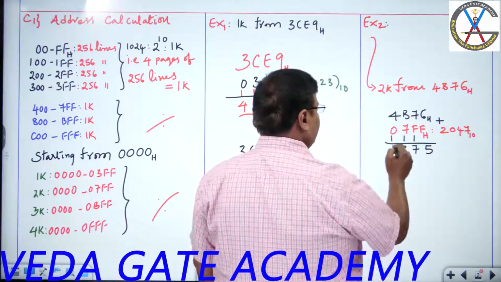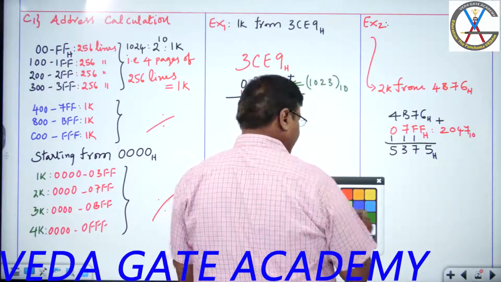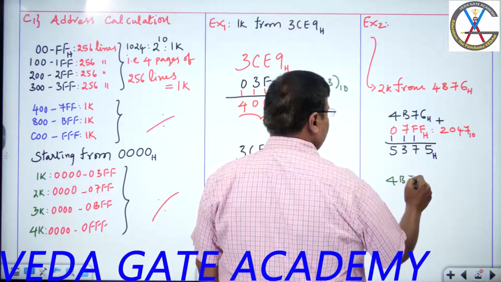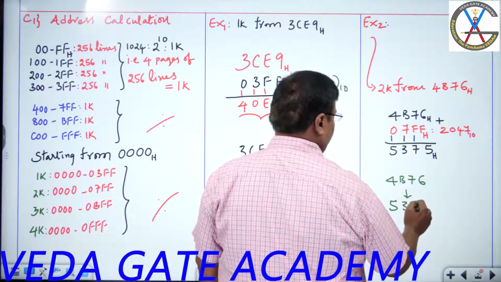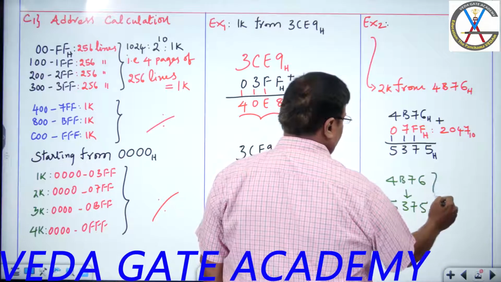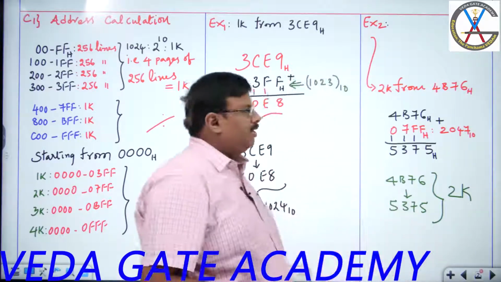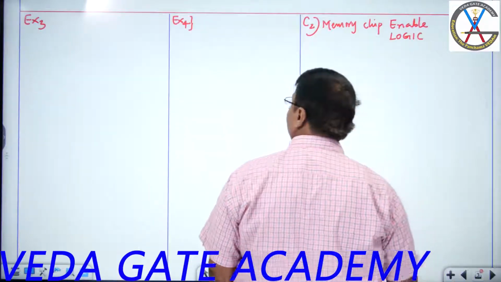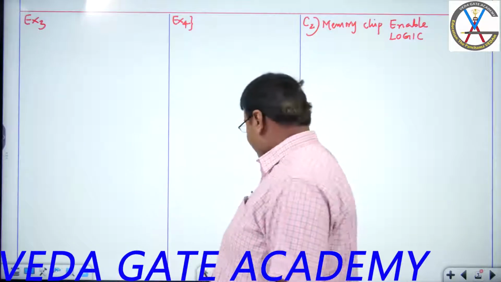So 4 plus 1, 5, 3. So 5375 hexadecimal. So what is the range? 4B76 to 5375 comes as 2K. I hope you are clear with the calculation. Yes, please. Another small example I have. Example 3.